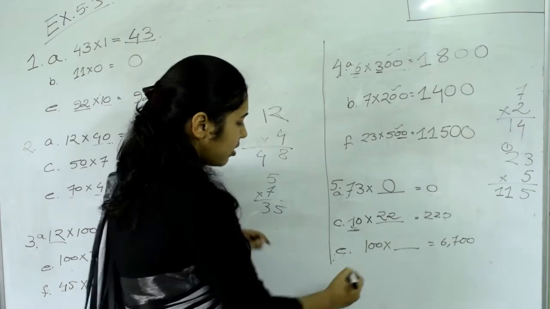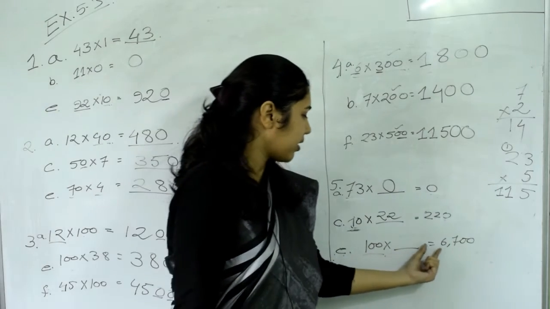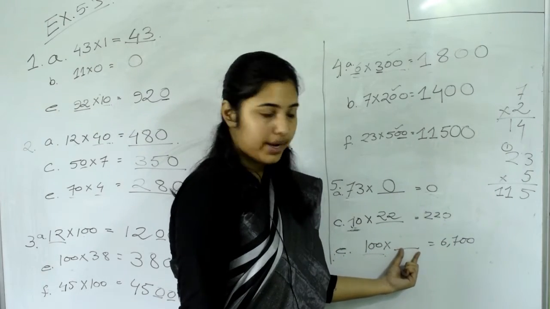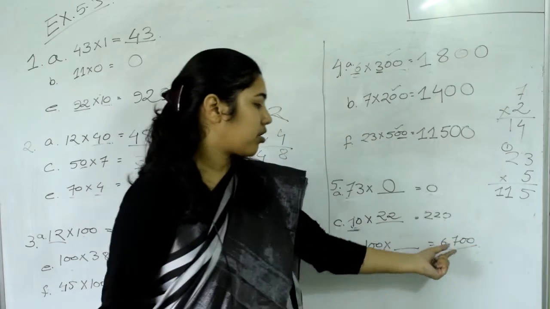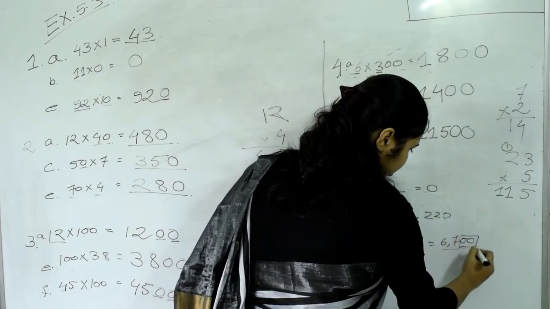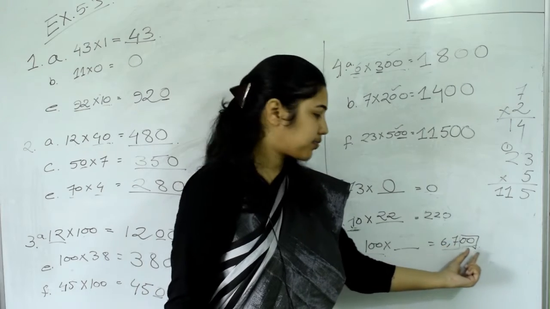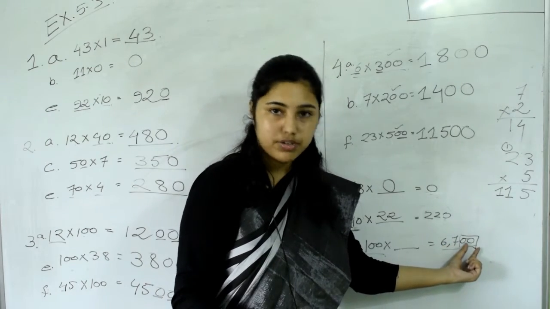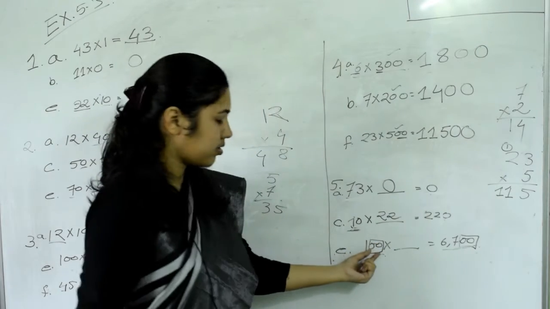Next here 100 multiplied. Here we have to find the multiplier and our product is 6700. First look at this number. 67 is followed by two zeros, right? So these two zeros for 100, right?